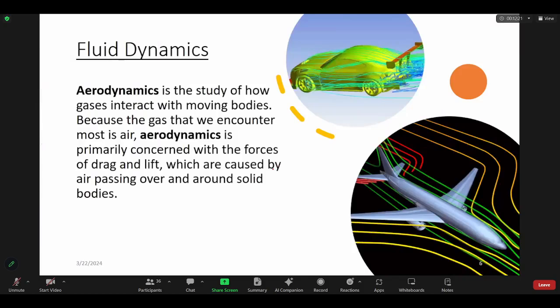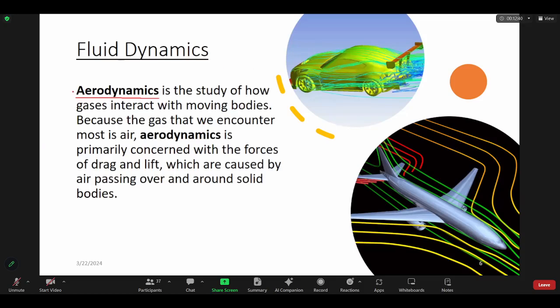I will move to the next slide. These are the fluid applications. Aerodynamics: I think you have heard about aerodynamics. It is a very useful application of fluid dynamics.